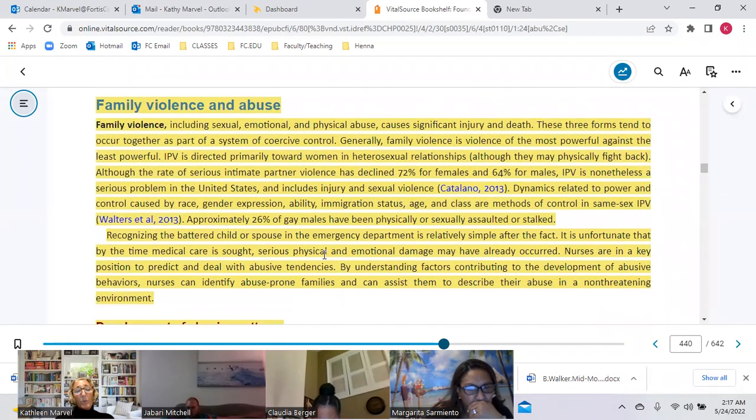And then as a nurse working in the community, you've got to be aware of what is the makeup of family violence and abuse? How do you recognize it? Can you recognize sexual abuse, emotional abuse, physical, financial?